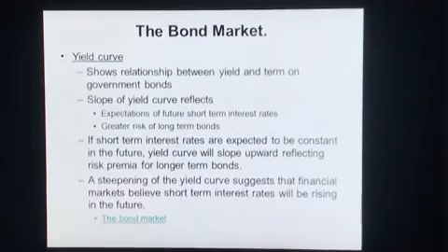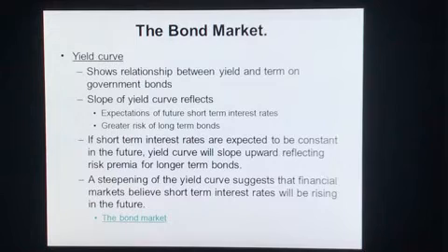In short, if interest rates are expected to be constant in future, the yield curve will slope upward, reflecting the risk premium for longer-term bonds. A steepening of the yield curve suggests the financial markets believe short-term interest rates will be rising in the future.